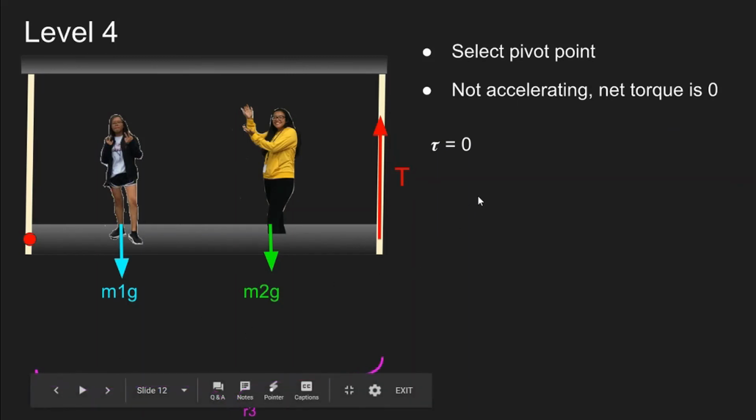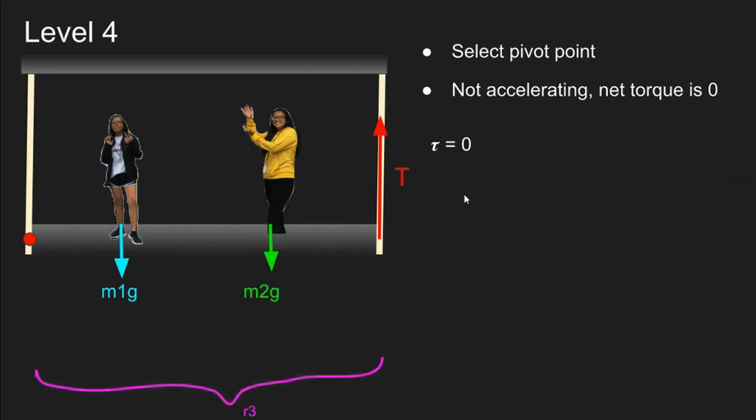Tran is applying a torque downward, and so is Sam down here. So torque equals 0. Let's do it step by step. T, the tension here, and all of these forces are perpendicular to this bar. T is the perpendicular force, and R3 is its distance from the pivot.